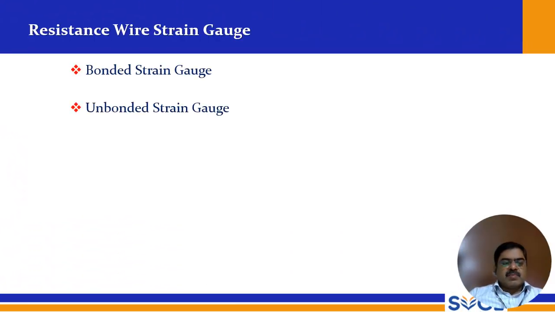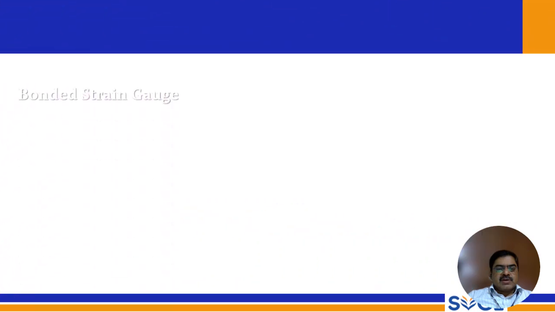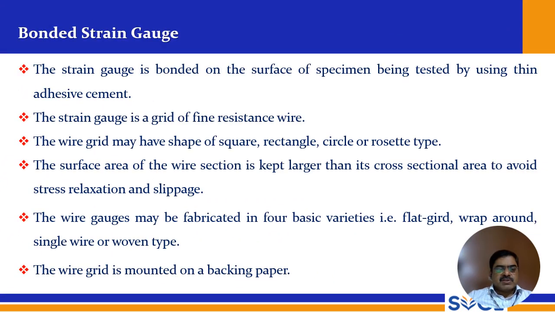Resistance wire types: bonded strain gauge, unbonded strain gauge, and foil strain gauge. These are the three types, and we'll see what the differences between these three are. A bonded strain gauge: the strain gauge is bonded on the surface of the specimen being tested by using thin adhesive cement. So here the gauge is just pasted on the surface, and that surface itself will act as backing material.